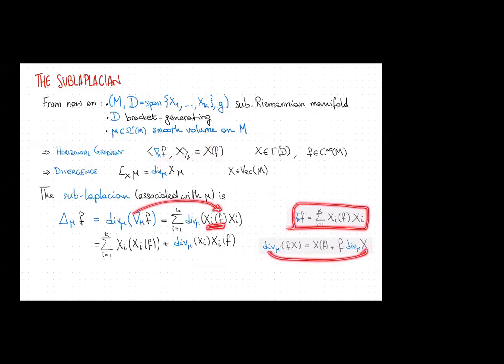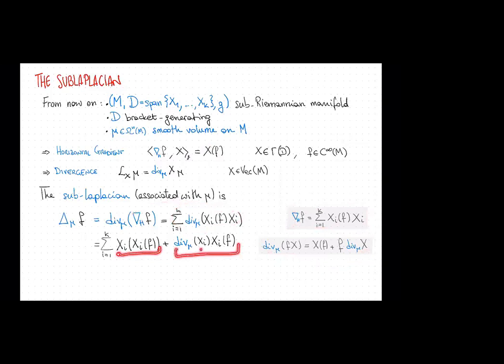So we can use the property that the divergence acts on a function times a vector field as the vector field applied to the function plus the function times the divergence of the vector field. This just comes from the definition, via the derivative. So this is the same as in the Riemannian case. And so what we get when we expand this sum, we get twice the application of the vector fields on the function times the divergence of the vector fields, again the derivation with respect to these vector fields.